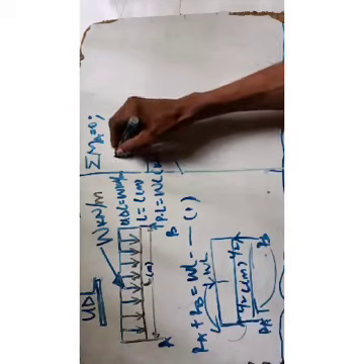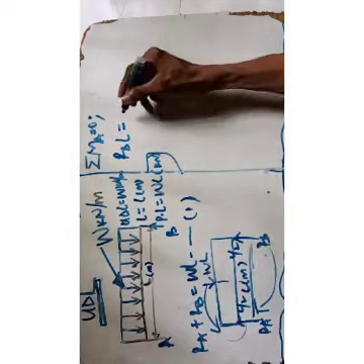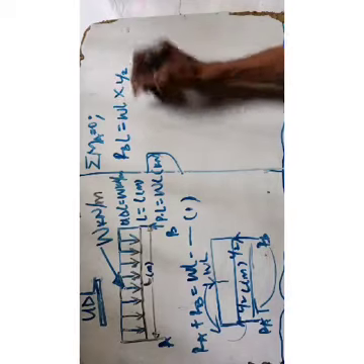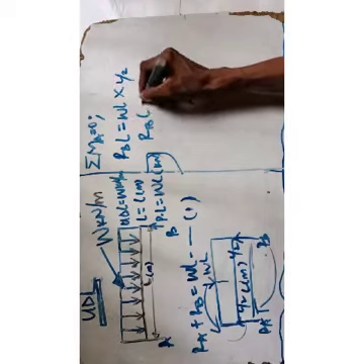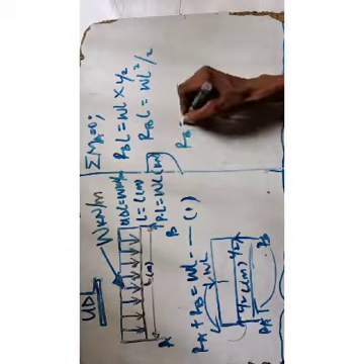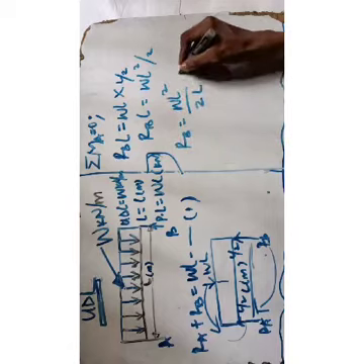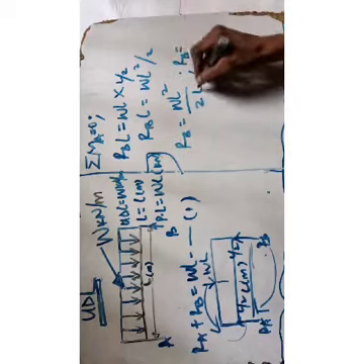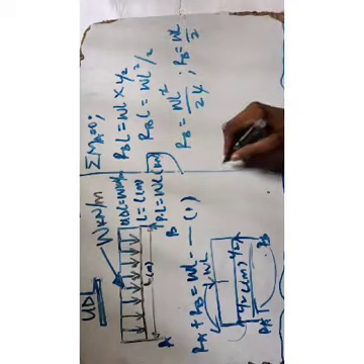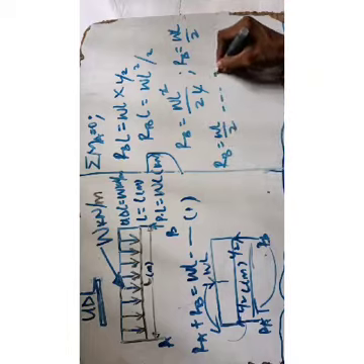RBL equal to WL times L over 2, and that will be RBL equals WL squared over 2, and RB equals WL squared over 2L, and we cancel this, so RB equals WL over 2. Therefore we say RB equals WL over 2, equation 3.